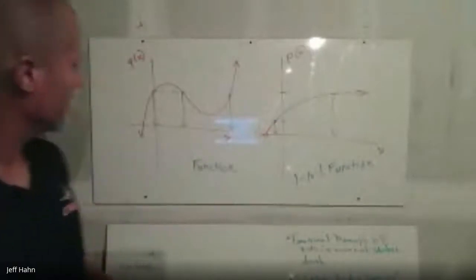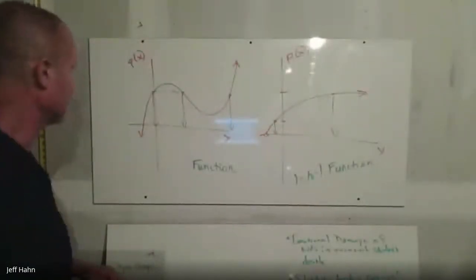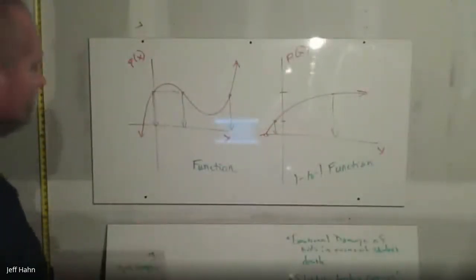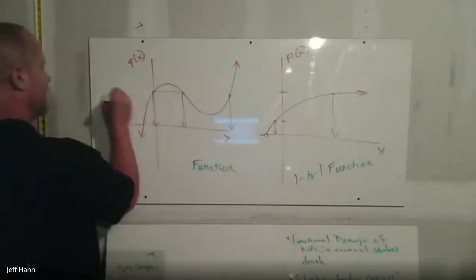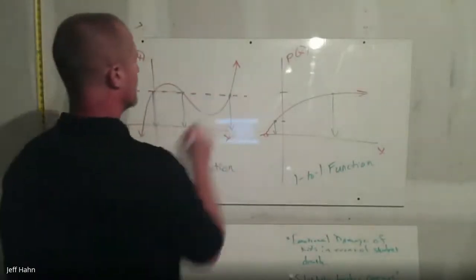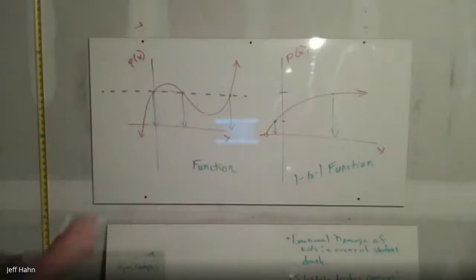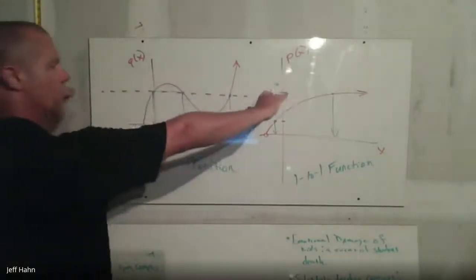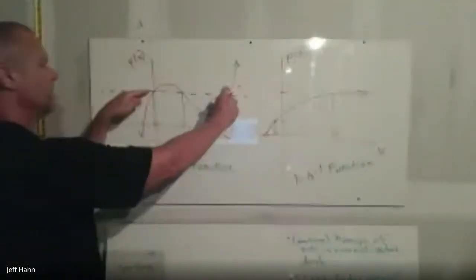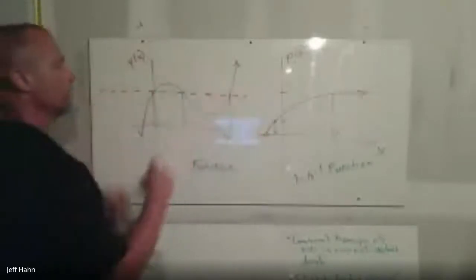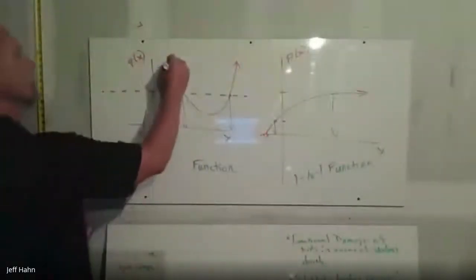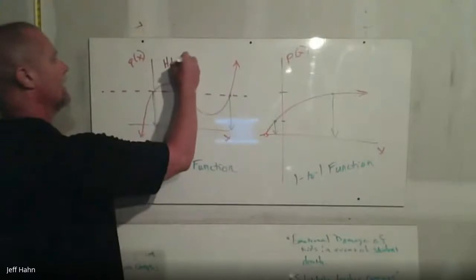Now there are a couple things here for functions. If I think about a horizontal line, that horizontal line is really pressing the output button and making a line and seeing how many inputs had that output. So this is called the horizontal line test.